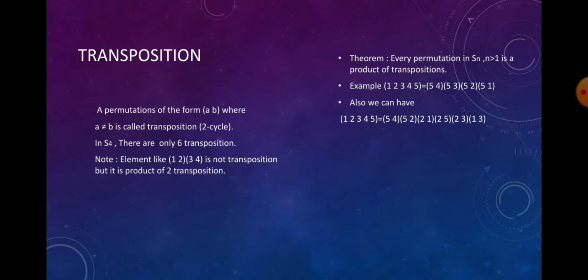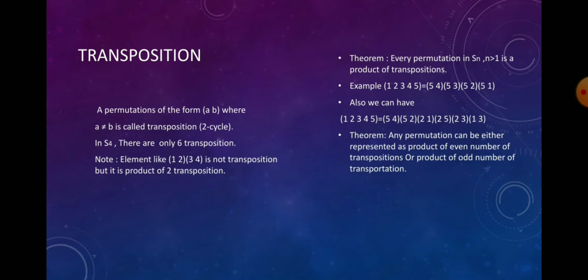Let us see the next theorem. The theorem states that any permutation can be represented either as a product of an even number of transpositions or as a product of an odd number of transpositions.